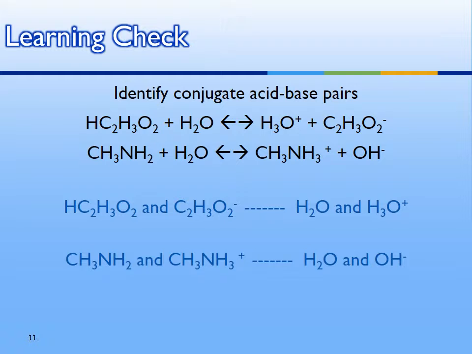Methylamine, in this case, is the base, because if you look at the product, it accepts a hydrogen ion. Water in this case is acting as an acid because it donated a hydrogen ion to methylamine, and therefore the hydroxide ion is its conjugate base.